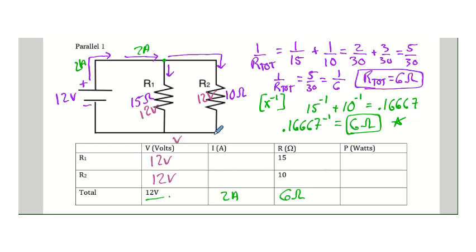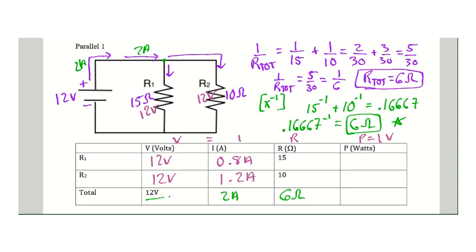Recall, the VERP table is laid out so that V equals I times R, and the power is equal to current times voltage. So we have to go ahead and figure out the current. Well, if I know voltage and I know resistance, I should be able to divide them. So 12 divided by 15 gives you 0.8 amps, and 12 divided by 10 gives you 1.2 amps.